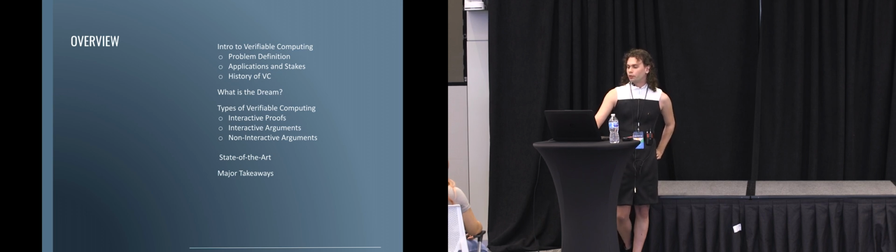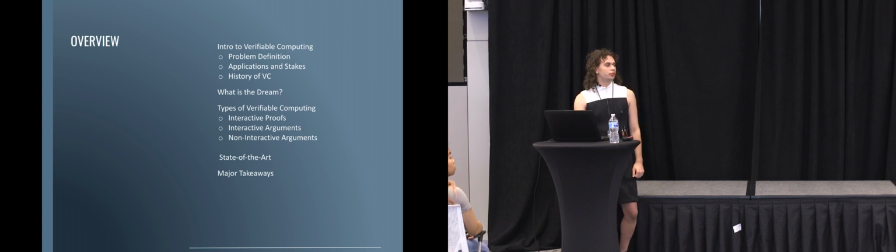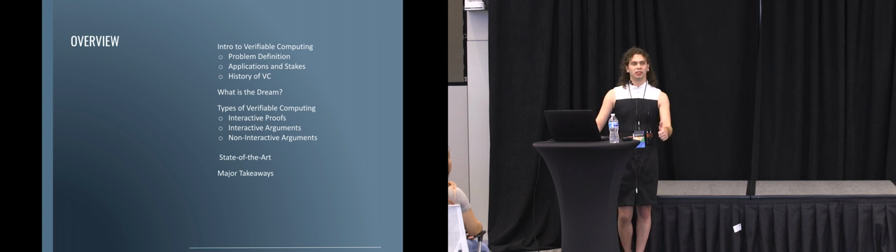I'm going to give an overview of the three major categories of verifiable computation, as well as a discussion of what the state of the art is and for what applications this technology is ready to be deployed right now. Then I'm going to conclude with a couple major takeaways. So if you want to take a nap and just tune into the last slide, that's totally fine.